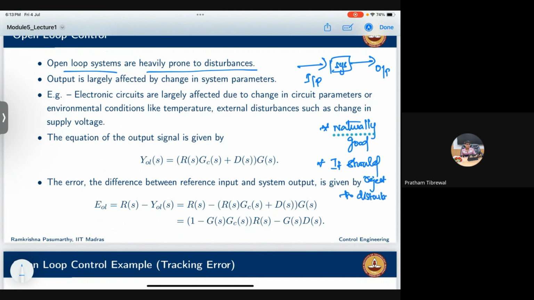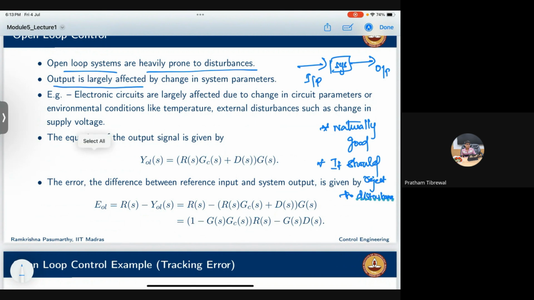But in an open loop system, you don't have any provision to control this factor. How is the disturbance going to affect the system and what are all its effects? You cannot understand that. So it's just an out of control system. You cannot do anything to avoid the disturbances or the effects they have on your system.